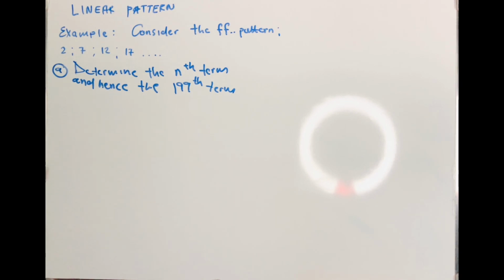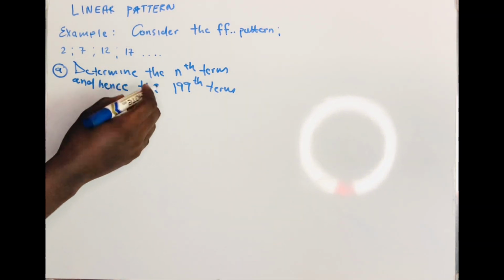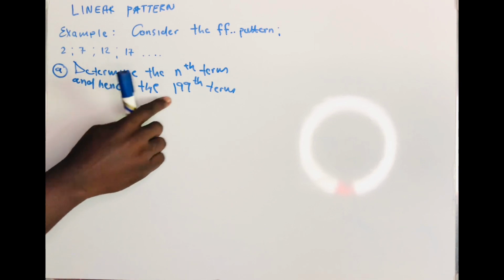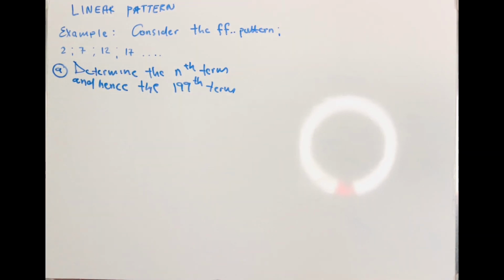So they will ask you to determine the end term. End term means the general term, and they will also ask you to determine the term that is in the 199th position. So they're asking for the term that is on the 199th position.